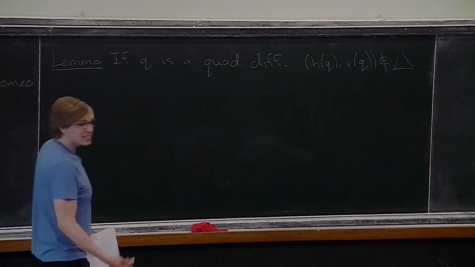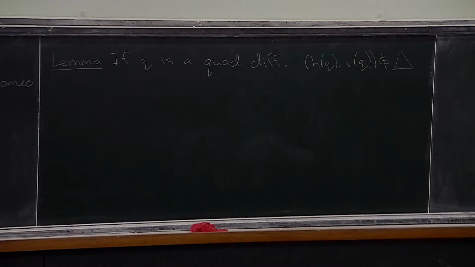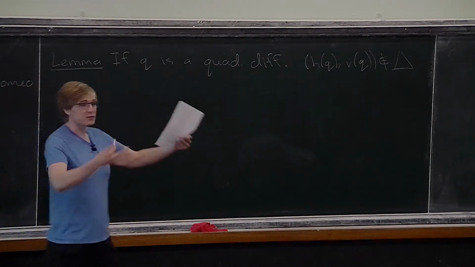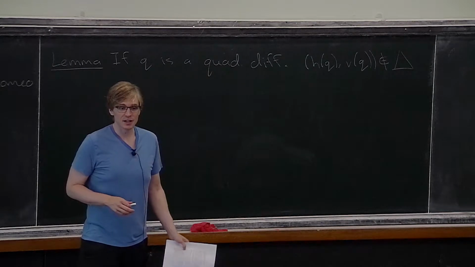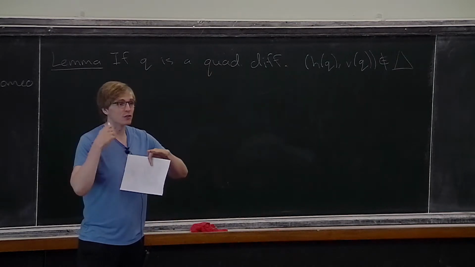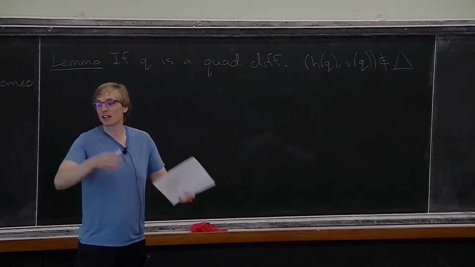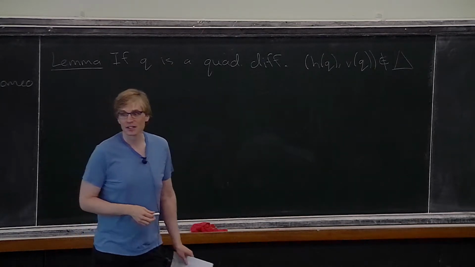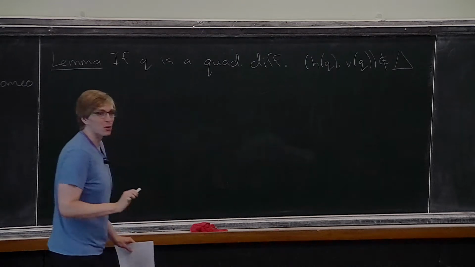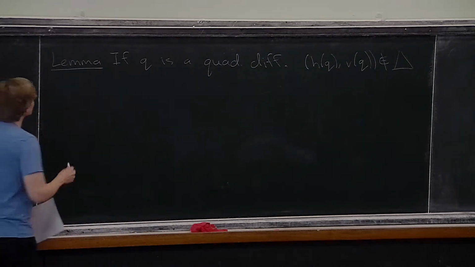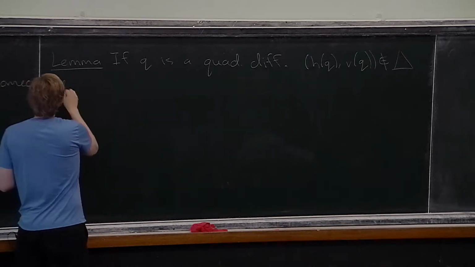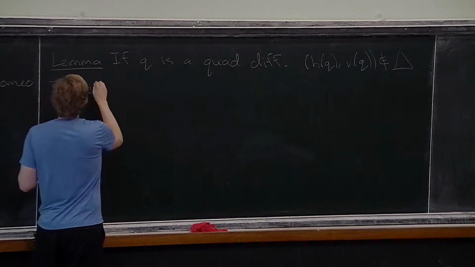OK, what's the idea behind this? The idea is, well, a quadratic differential gives a metric on the surface. And so somehow every curve has to intersect one foliation or the other, because a curve can't be 0 length. So that's sort of the 0th order approximation to the proof. I'll tell you the idea of the proof in a little bit more detail now.